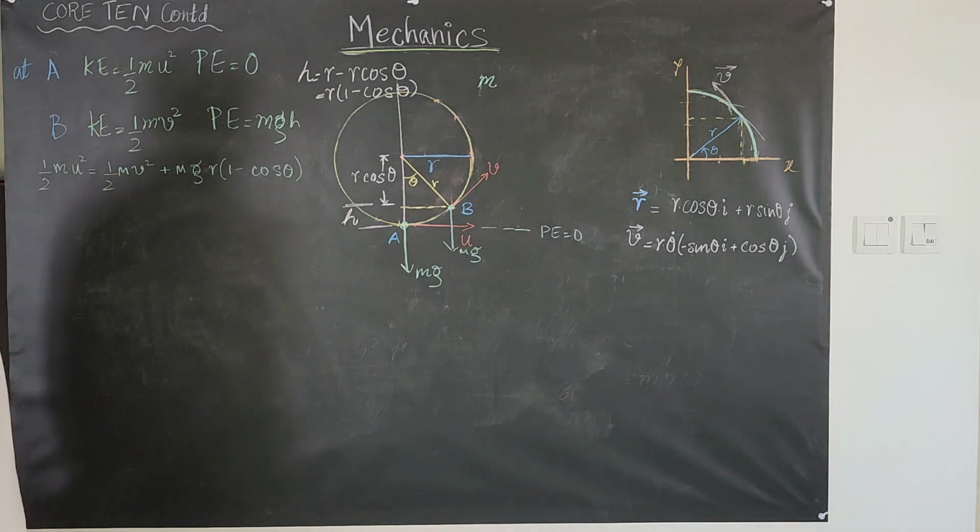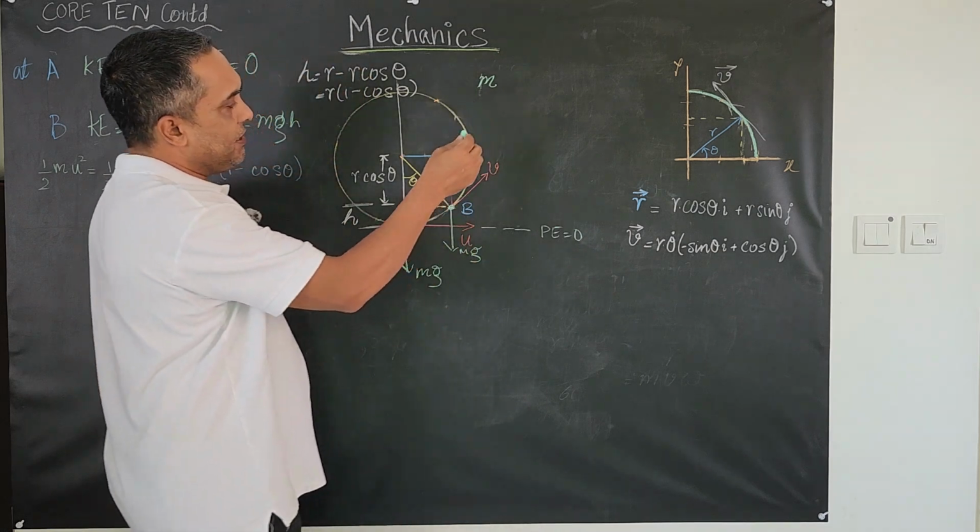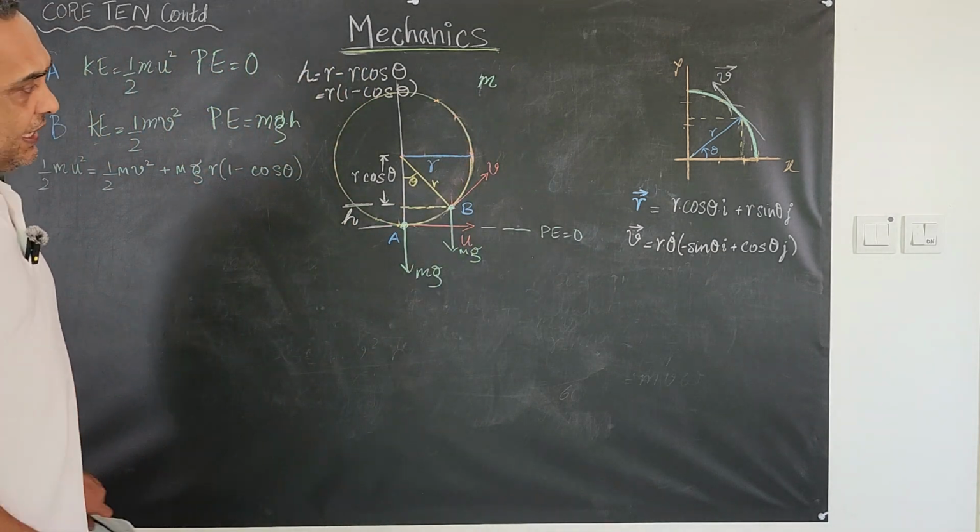Because energy is conserved. You could do the same at this point, for example, and you could arrive at just a linear velocity in one angle.